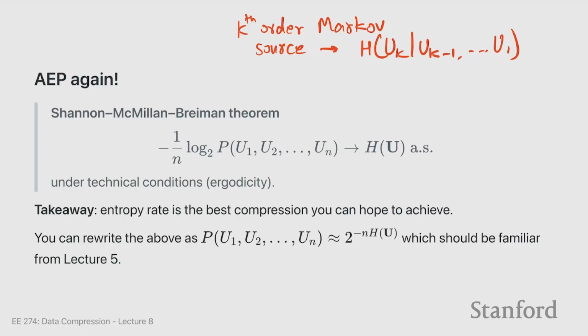You need some technical conditions which we won't go into, but that's why these quantities are important, because they give us the best you can do in terms of compression. If you have a first order Markov source, then H(U2 given U1) is the best compression you can get. And if you have a general stationary source, the best compression you can get is the entropy rate.